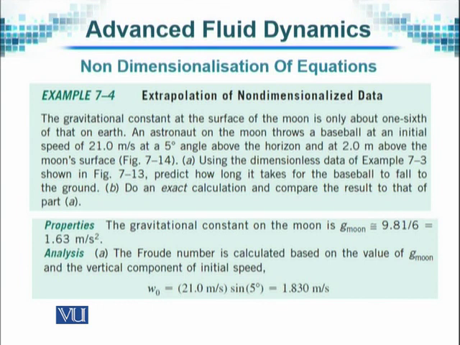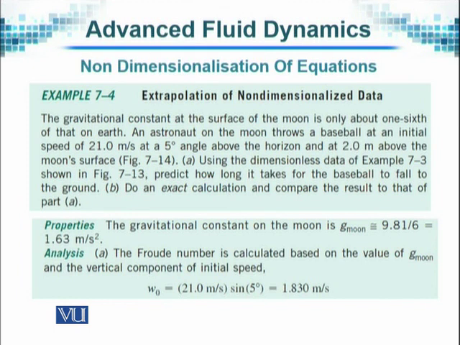Using the dimensionless data, predict how long it takes for the baseball to fall to the ground. Then do an exact calculation and compare the result to that of part A. So, one is just guesswork and the other is to calculate exactly and make the comparison.